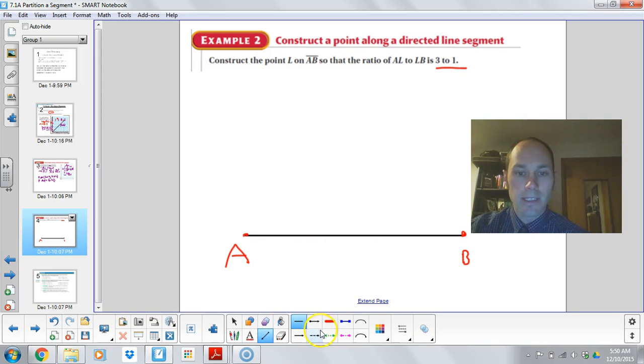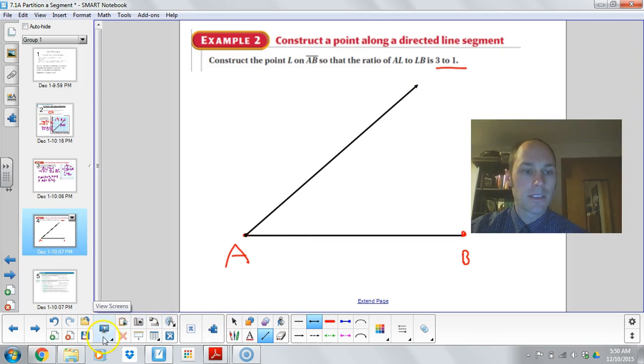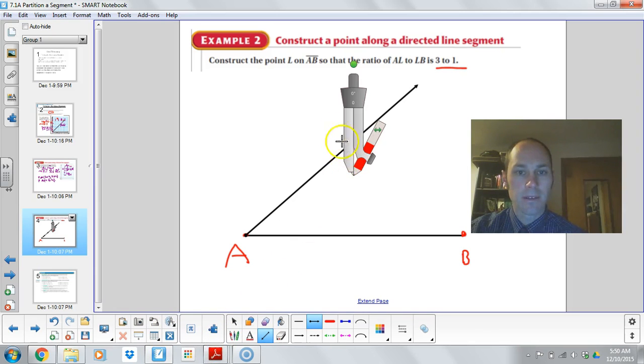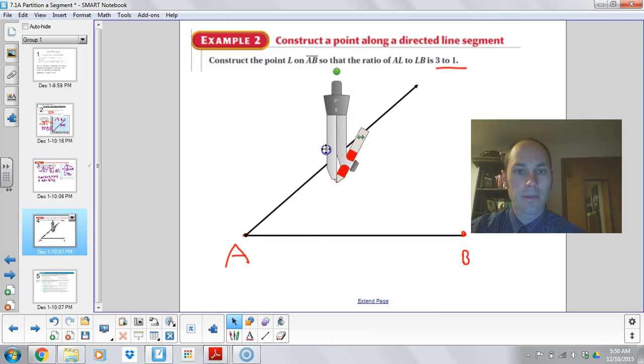So how I'm going to do this is I'm going to draw another line. And what I'm going to do is divide this line now into 4 equal parts using my compass. As I take my compass out, I'm going to divide this one up.